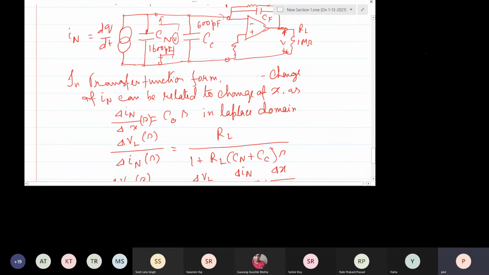So VL is the current IL into RL. So this current IN, there are three currents. One is going here, charging this. IN equals I1 plus I2 plus I3.